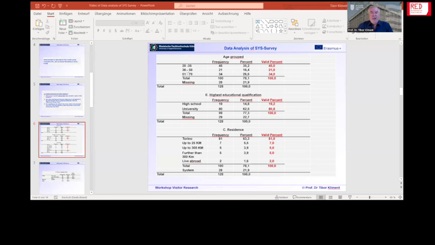What we see here is, first we have age, and age is differentiated into three different age groups. And here we can see that, for instance, the younger people between 20 and 35 are the biggest amount of visitors.